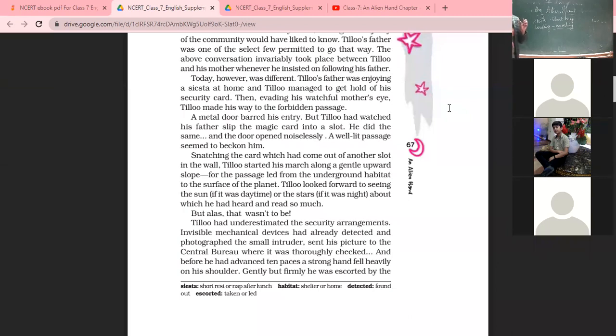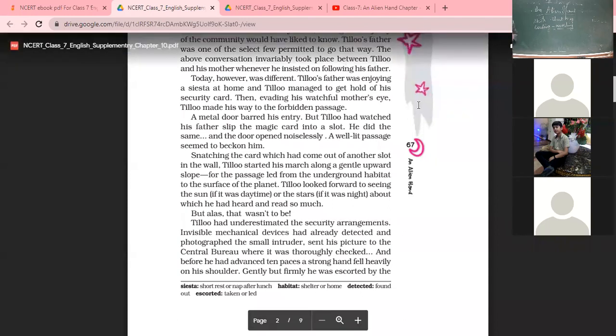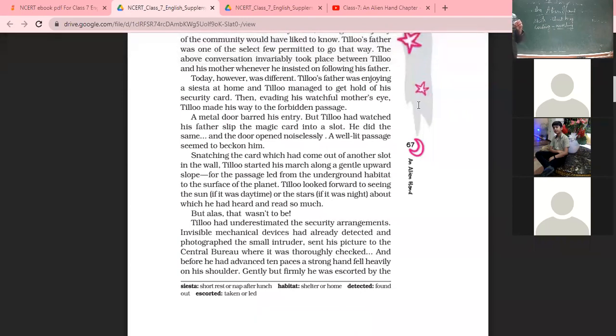Central Bureau means where investigation is going on, right? All the data was checked: how many times this person has gone through this passage, who is this person, where is he living. All the identity comes on the computer screen.